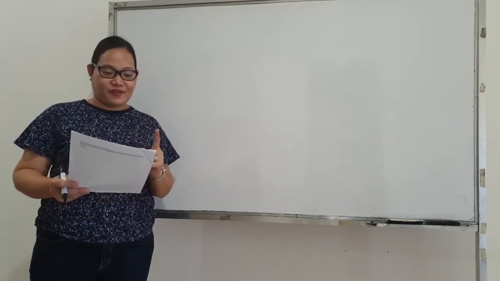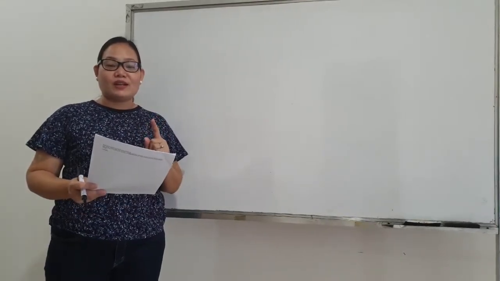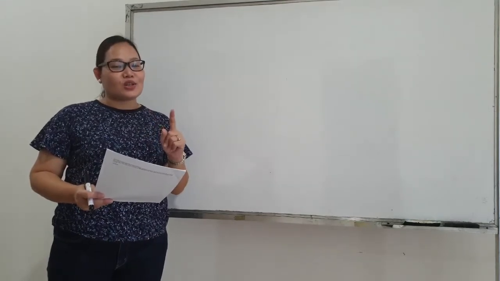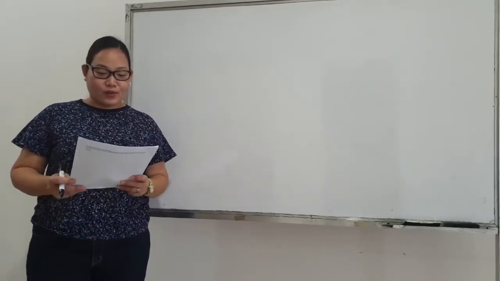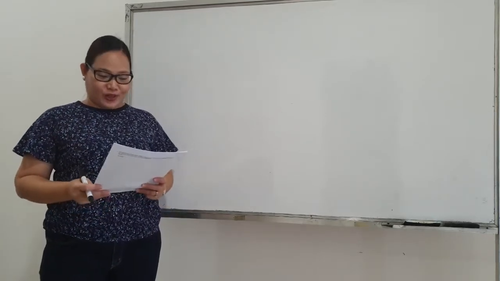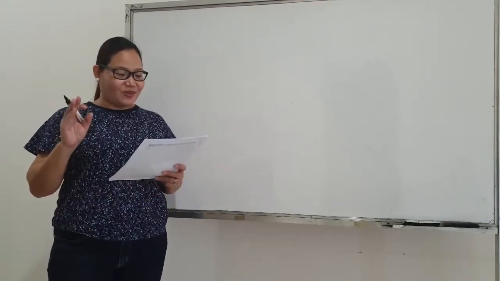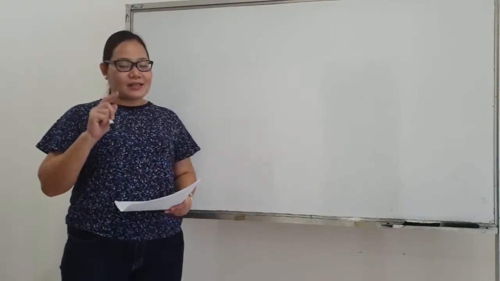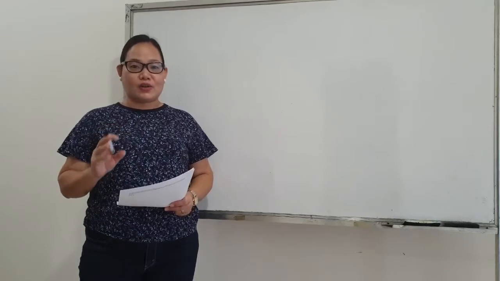But by the way, for those of you who have already learned this in one of your grammar classes, it will now just serve as a review. But for those who haven't learned it yet, then let me discuss it for you, okay? So let's start. Okay, so proper sentences must have subject-verb agreement.